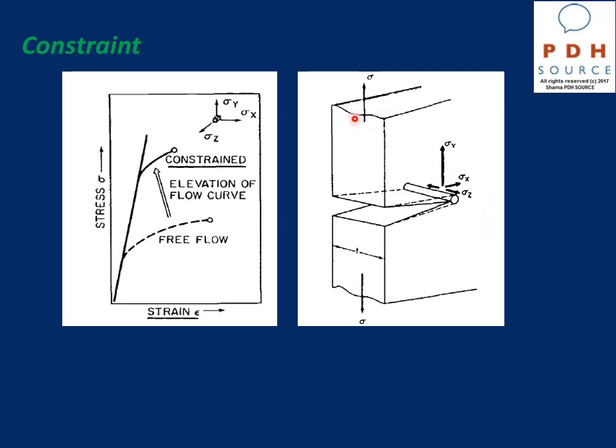That's a plate with a notch, and this is basically the state of stresses. We apply tension, so we have sigma y increase, but sigma x and sigma z both increase too.